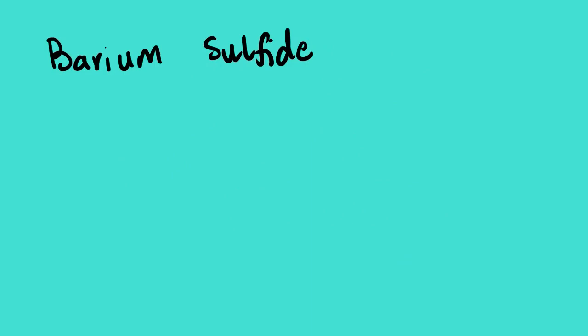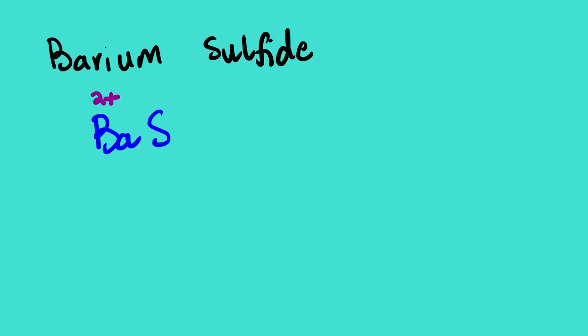Our next example, you can also pause the video, work it out, and play the video. Barium sulfide. So barium would be part of our molecular formula, and then sulfide comes from sulfur, the symbol is S. Then let us work out the oxidation numbers.